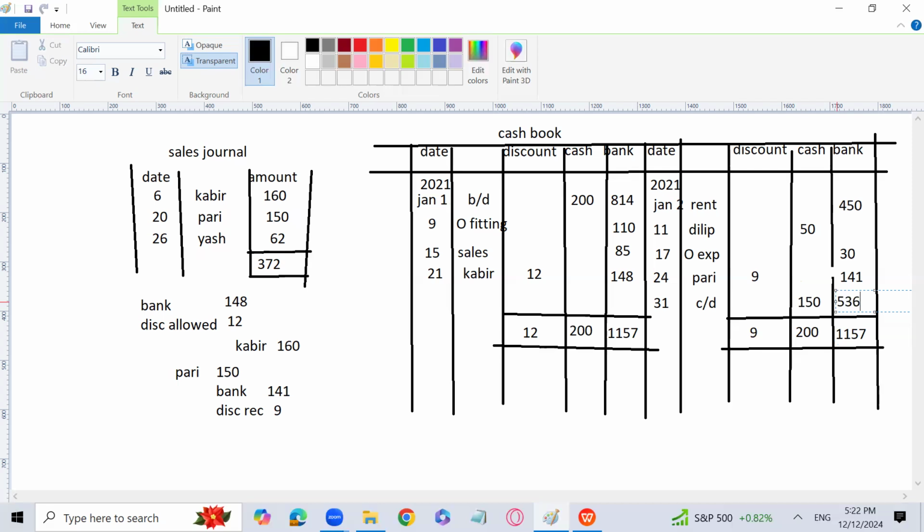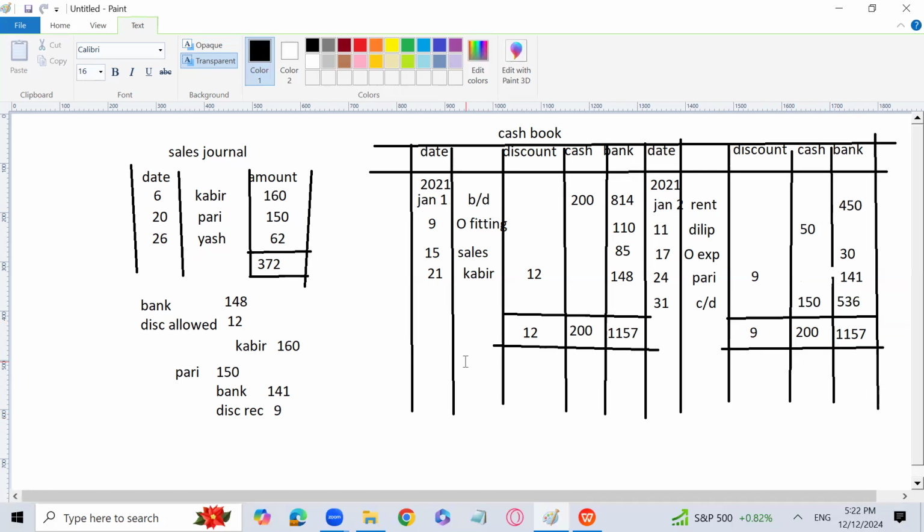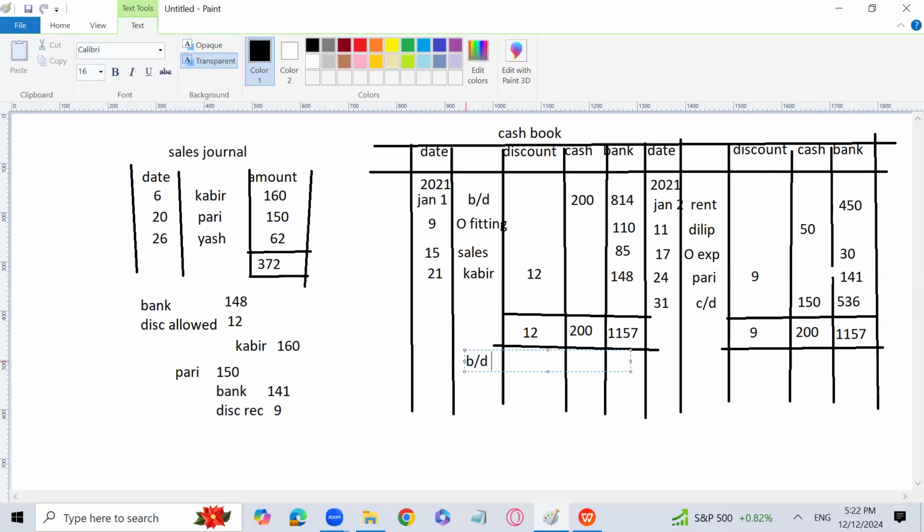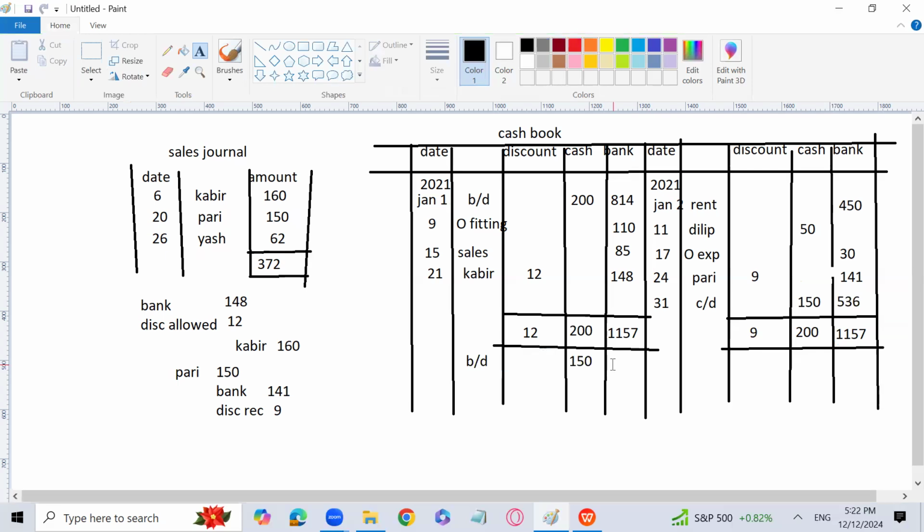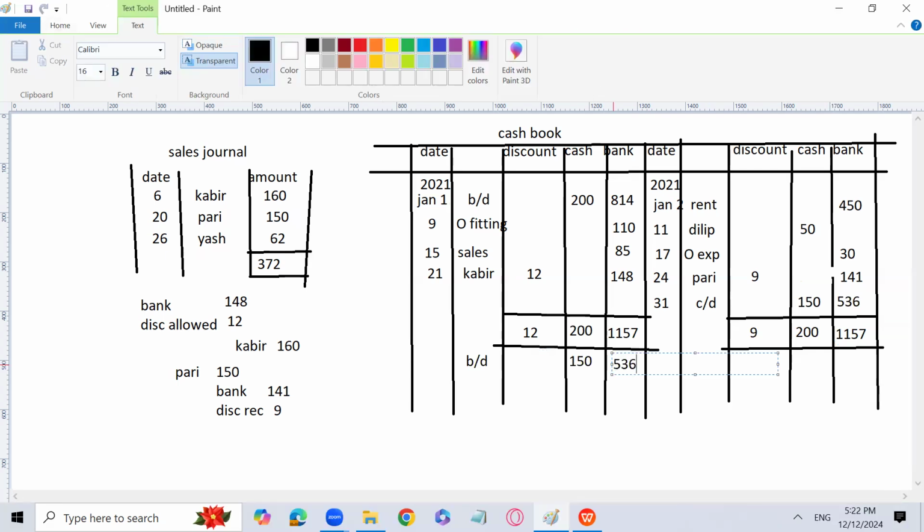We can have an overdraft balance of the bank also. It is a possibility. Bank can have a debit balance, bank can have a credit balance. Both are part of the story. But here we can write the brought down again, 536. It shows that we have cash balance at the start of 200, and we have cash balance now at the start of the next year, and that is 150.